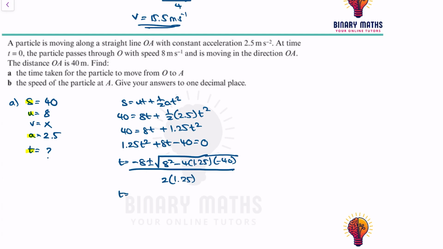And we get t is equal to either 3.29923, or t is equal to minus 9.69923. Now, as t is greater than 0, because it's time we're measuring, t must be equal to 3.29923, which means t is equal to 3.30 seconds.